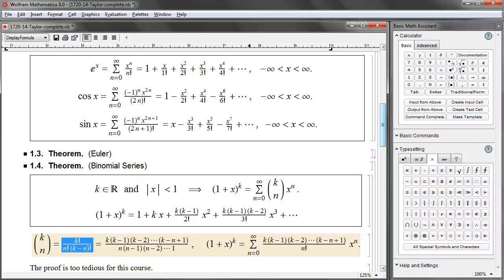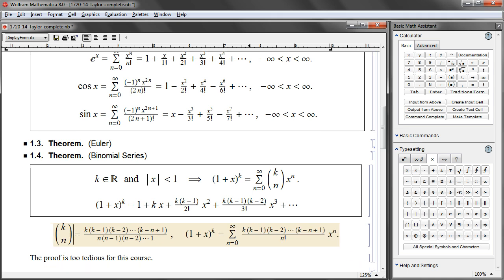In that case, we have a combination k choose n. However, if we get out of that bound, then this highlighted expression does not make any sense. However, this one does. So we're going to use the latter expression as the definition of this binomial (k, n).